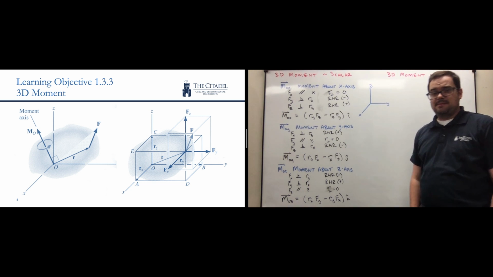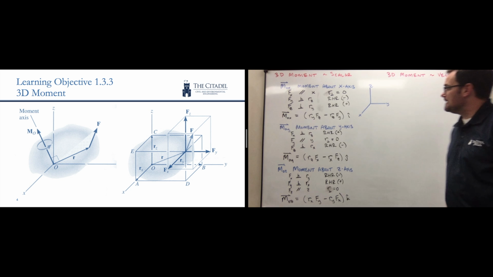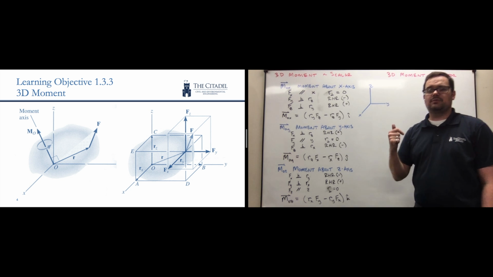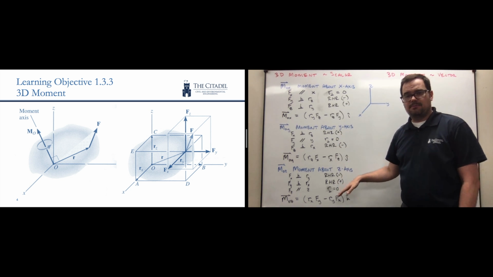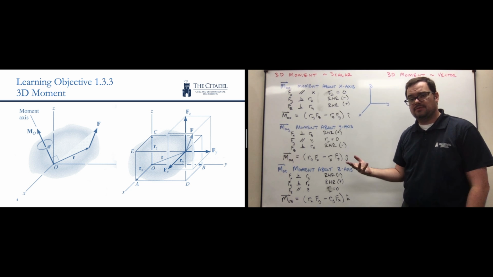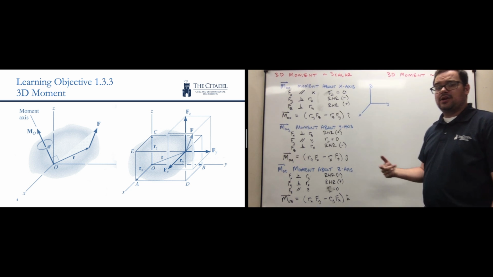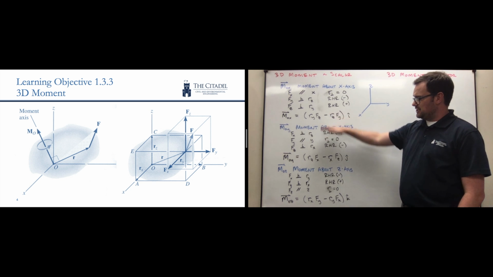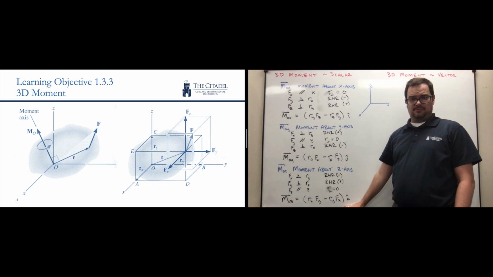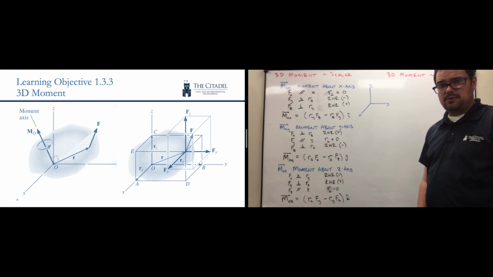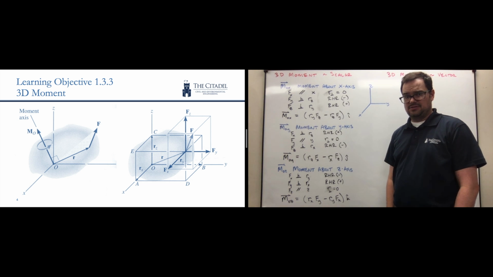Maybe it made sense, maybe it didn't. Here's the thing about it. We can use our right-hand rule just the way we did to identify all these different components and to break it down and to derive it every time. Alternatively, we can go straight to your FE reference handbook, which actually has these different components identified as the moment. That sounds easier, especially if you're allowed to have your FE reference handbook, which you will be, both in this class and on the FE exam.